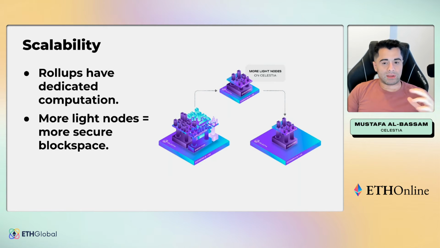But with rollups, they have their own execution environments. So if a transaction happens on rollup A, then rollup B does not need to execute that transaction. That's very similar to sharding. It's effectively sharding execution and is inherently more scalable.